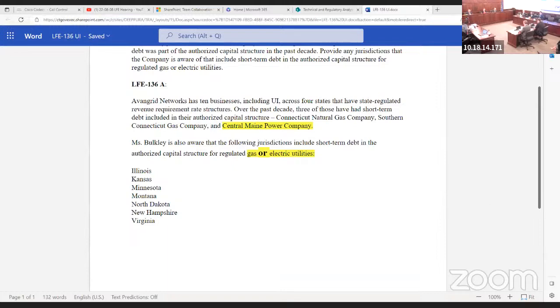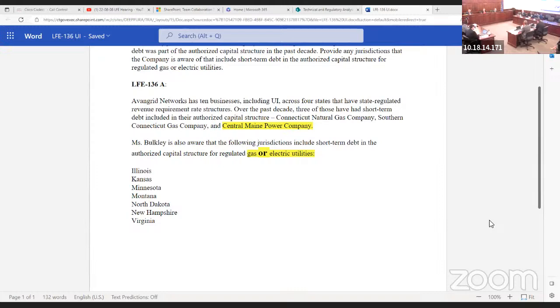Regarding the company Central Maine Power, which is part of the Avangrid network, could you give us some background as to what extent the short-term debt for Central Maine Power supports the rate base, number one, and number two, if the company can explain what factor or factors led the Maine Commission to include the short-term debt in the permanent portion of the rate-making capital structure.